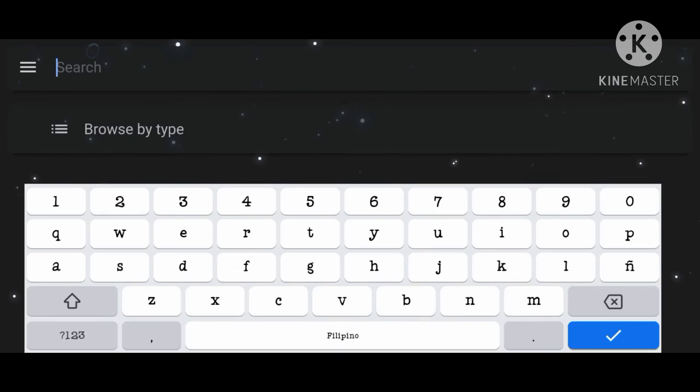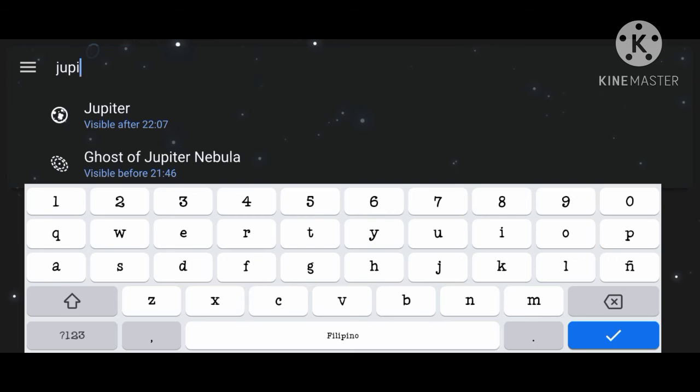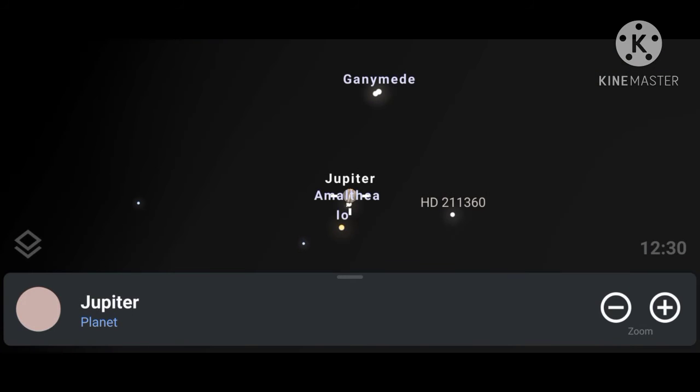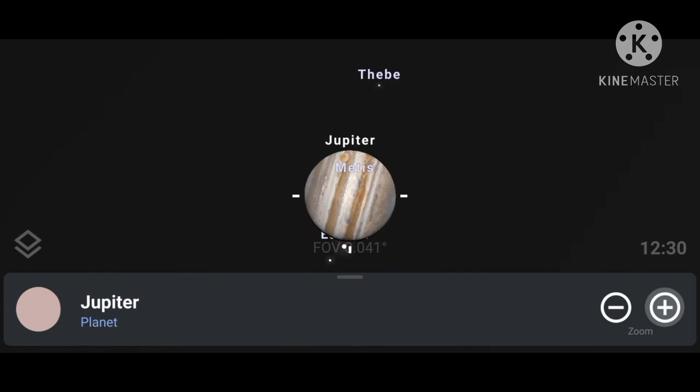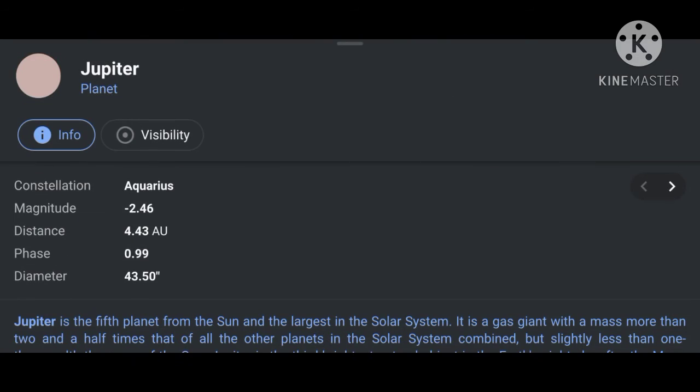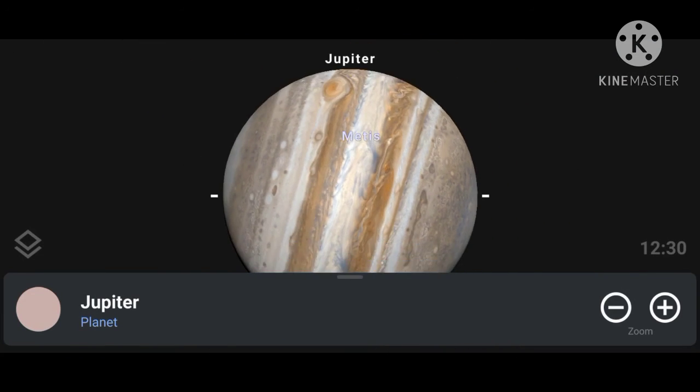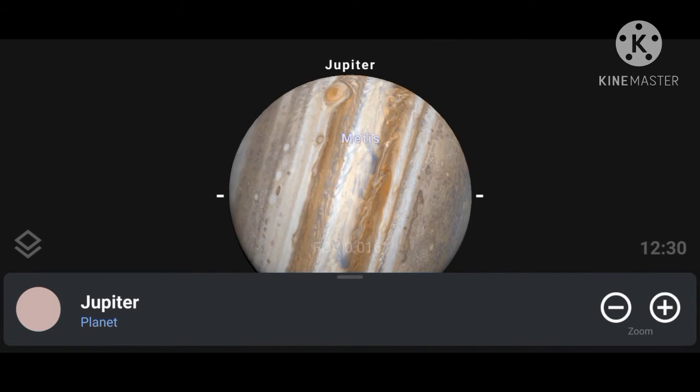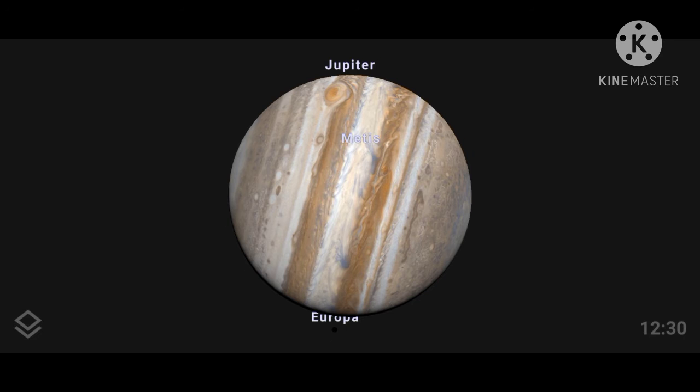Okay. After discussing Mars, we can now jump into Jupiter, which is the fifth planet from the Sun. We can zoom in here, and one of the prominent features of Jupiter is the atmospheric bands that surround it.